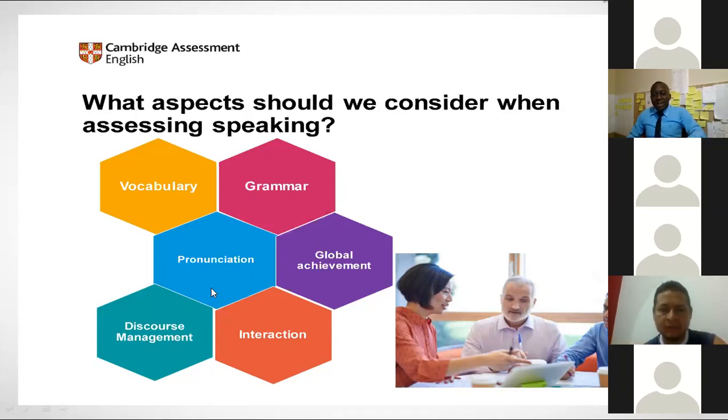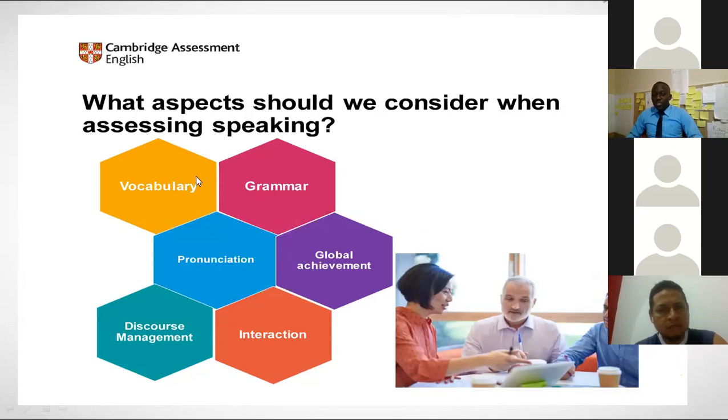I don't know whether you were all around, but let's make a simple recap. We looked at all the 6 aspects, and the first aspect we looked at was vocabulary. Remember, vocabulary had 2, which are almost the same: vocabulary and then grammar. We also looked at the lexical resources.